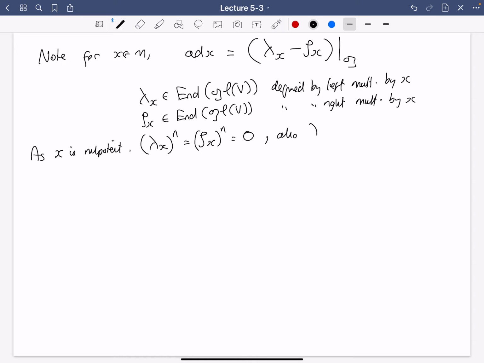And also lambda x and rho x commute. Given those things, it's very easy to see that lambda x minus rho x to the power 2n is 0. This shows that ad x is nilpotent.